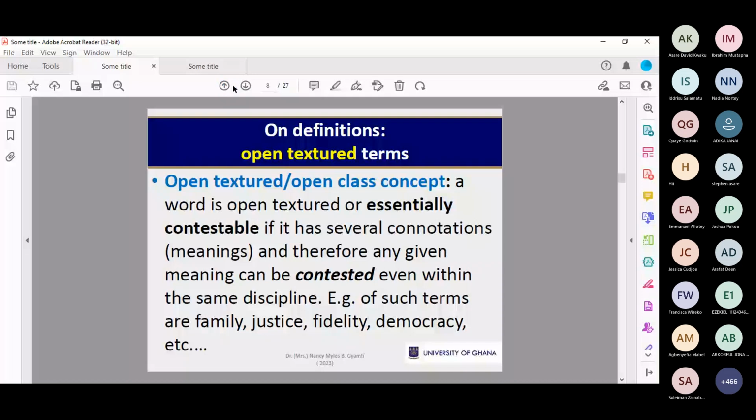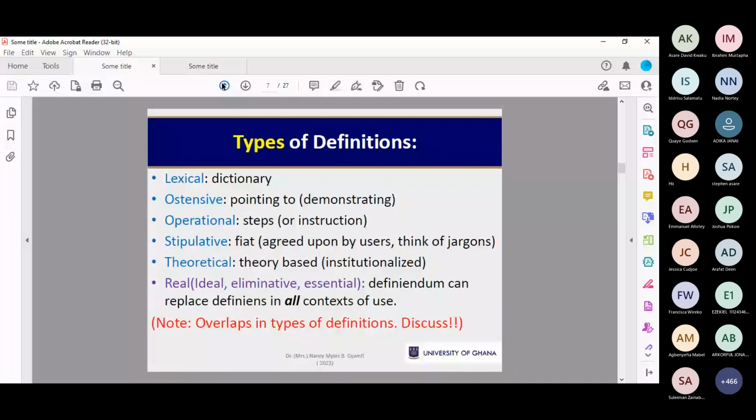So real definitions have well-defined concepts. And that is why when you define them, you have captured the essential meaning of that word. Look on your screen. Wherever you find the term, you can replace it with the definition without any issue. That is why they are not common. They are ideal.